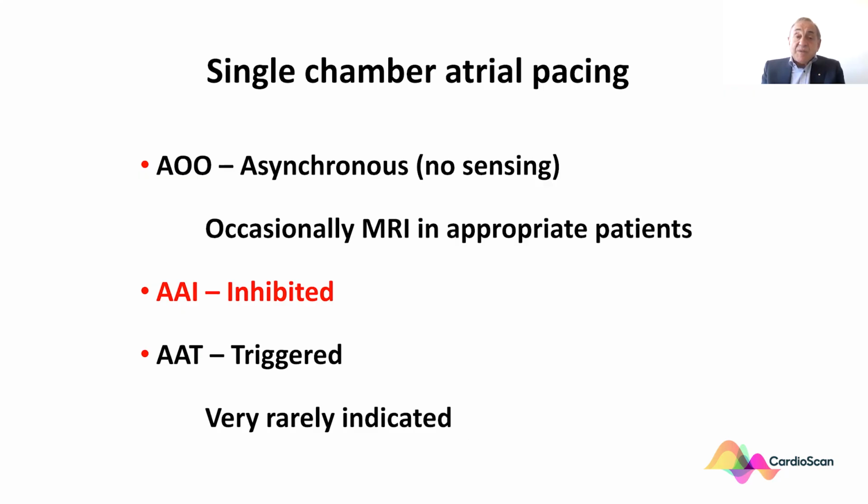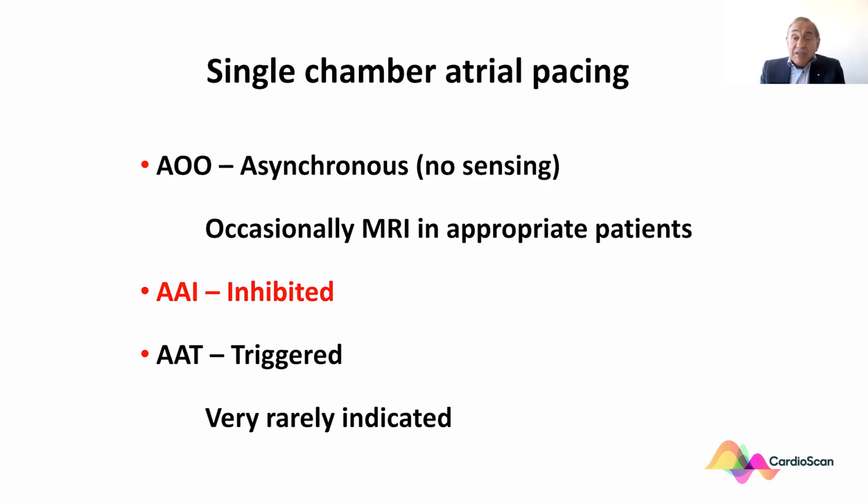Therefore, there are three types of single chamber atrial pacing. AOO, which is asynchronous, no sensing at all. And yes, we do use this in MRI patients temporarily in, of course, appropriate patients.